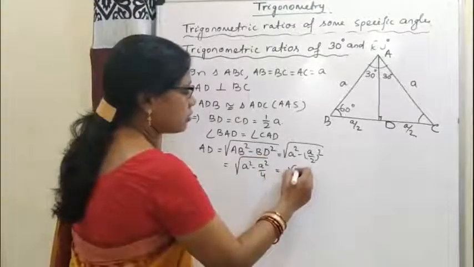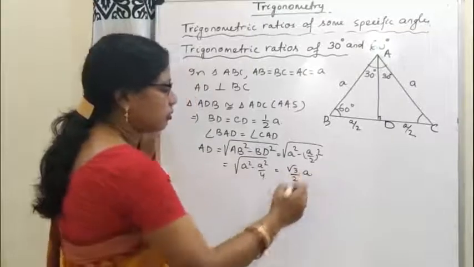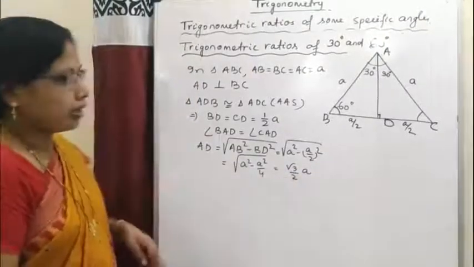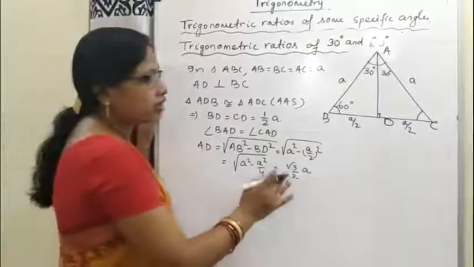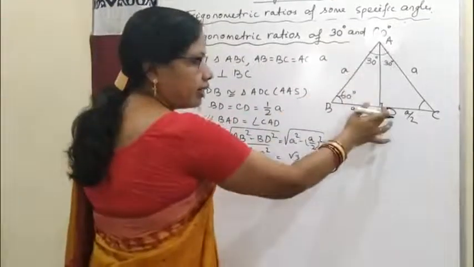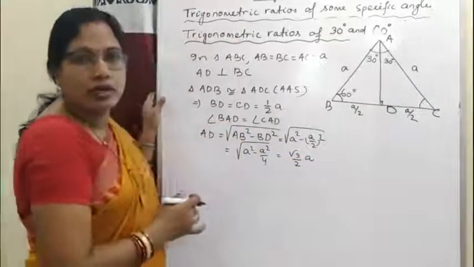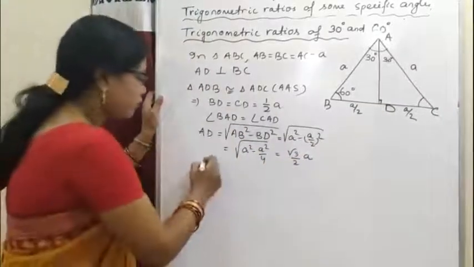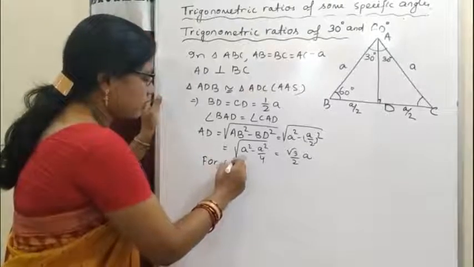So this is equal to root 3 by 2 a. So here AD is equal to root 3 by 2 a. Now considering the right triangle ADB, we can find out the trigonometric ratios of 60 degree and 30 degree. First for 60 degree.